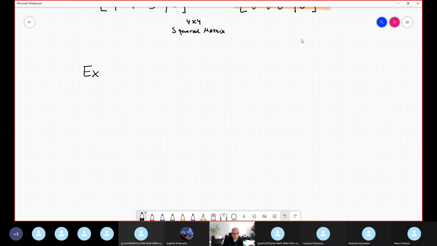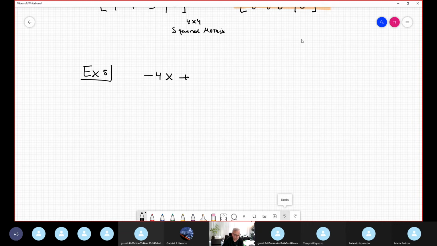This is example 5 now. Example 5 is, so I want to skip the part, well, no, skip nothing, okay. It's negative 4x plus y equal 5. No, I made a mistake. It is negative 4.